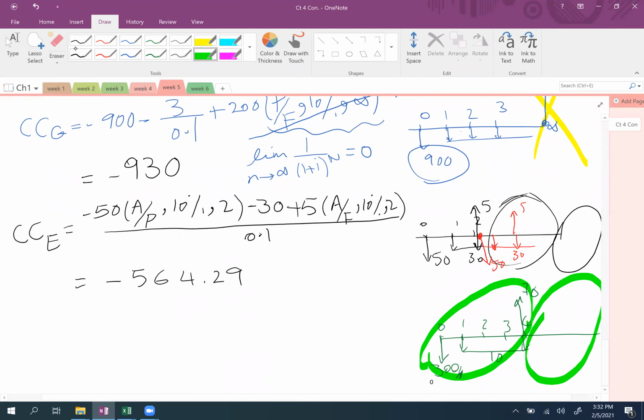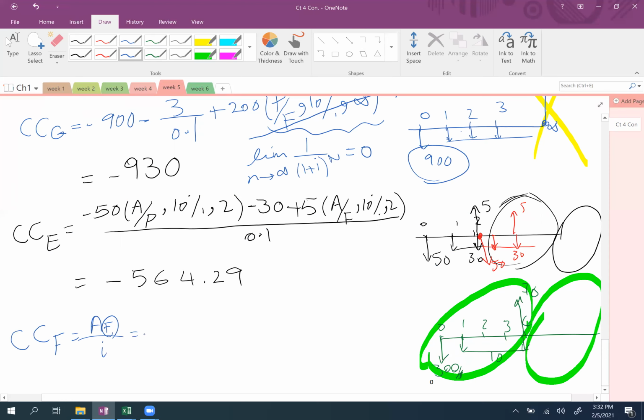So it's very hard to track it. So the easiest way to solve this problem is to calculate the capitalized cost of alternative F. So I need to calculate A for this project F, and then divide by i.